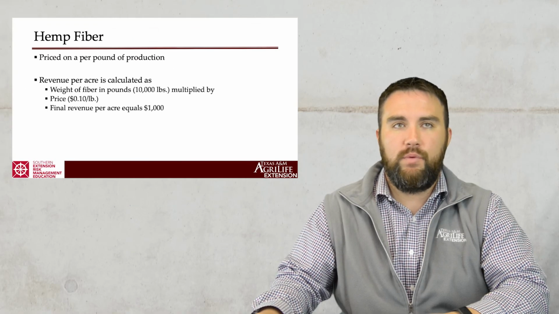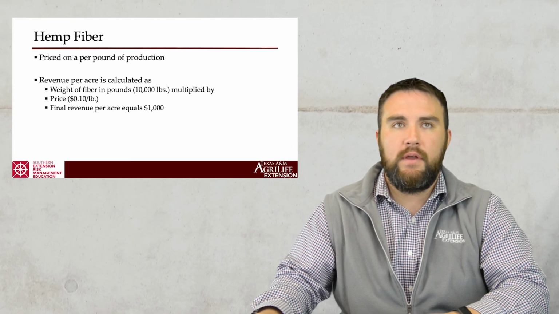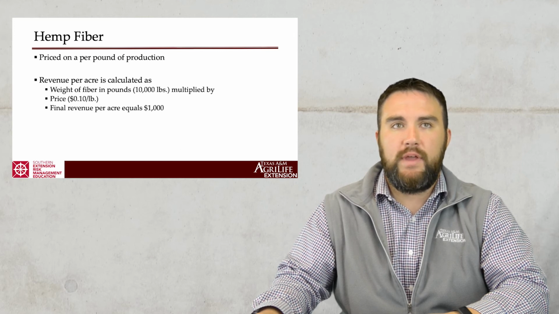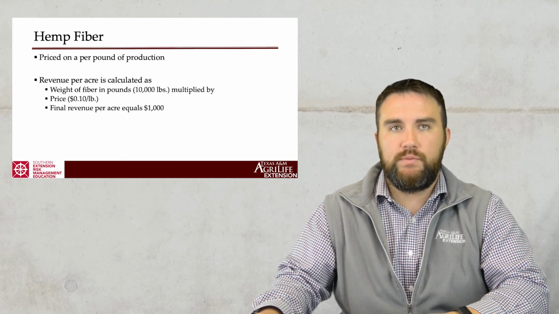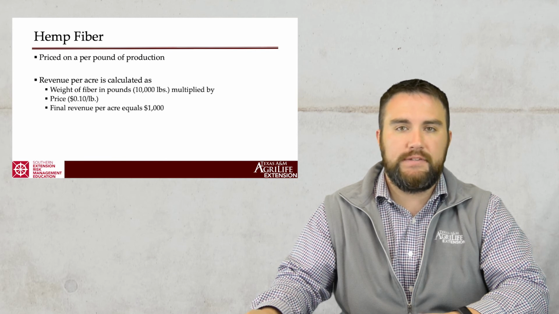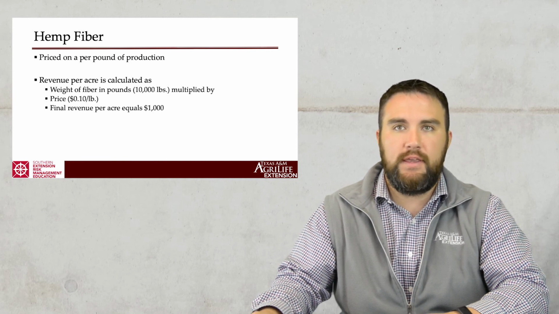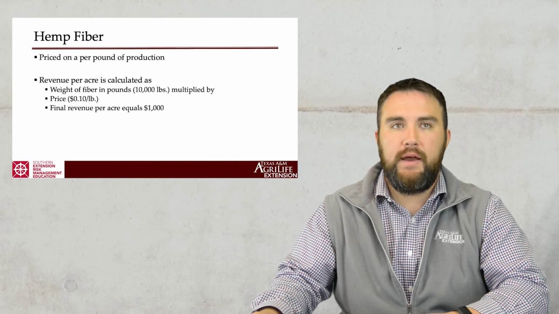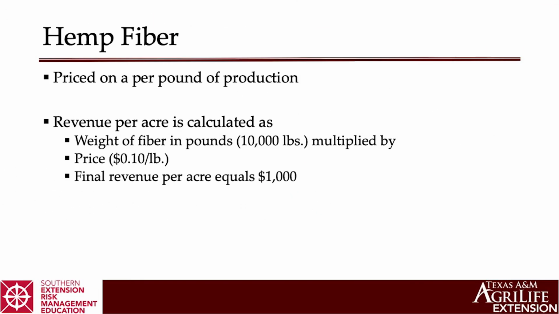Our final market that we want to consider is the market for hemp fiber. Hemp fiber, again, is based on a per pound basis. We have revenue per acre, which is calculated as weight of fiber in pounds. So we're going to consider about 10,000 pounds of production on a given acre, multiplied by about 10 cents per pound, which is an approximation of the current price. That gives us a final revenue per acre of about $1,000.